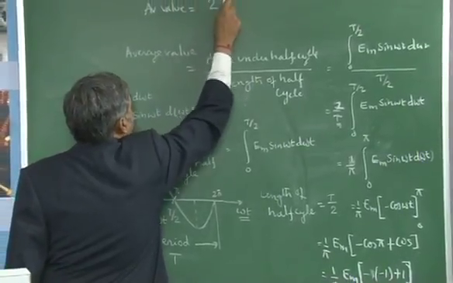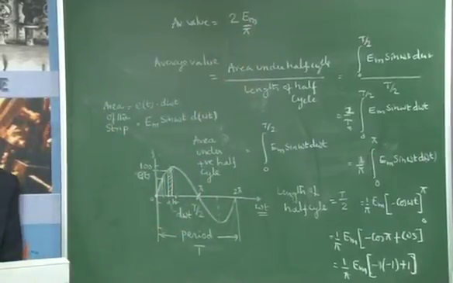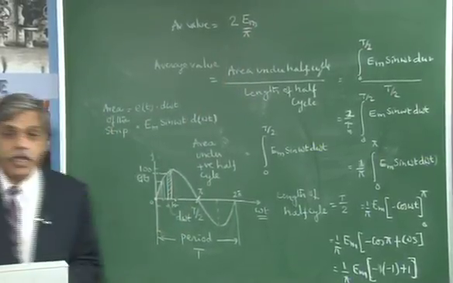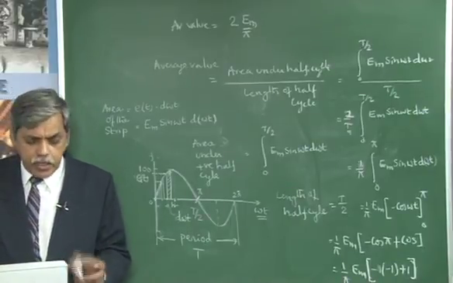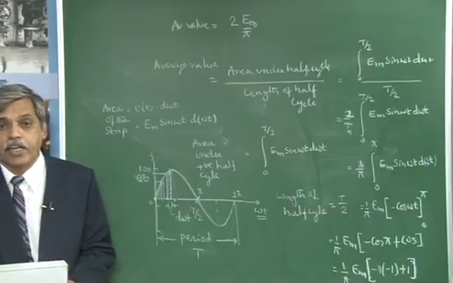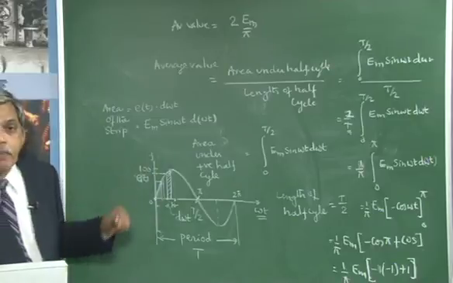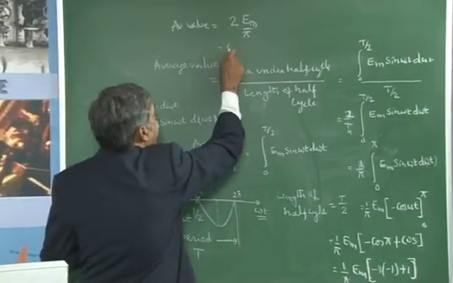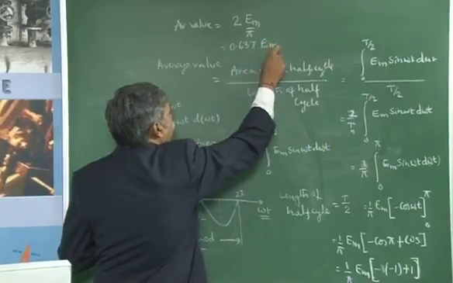This results in the average value equal to 2 Em by pi. On this slide, I have shown the average value of the current, that is 2 Im by pi. Whether Em or Im, it is one and the same because both are sinusoidal alternating quantities. Now this 2 Im by pi, the 2 by pi, can be written as 0.637 times the maximum value.